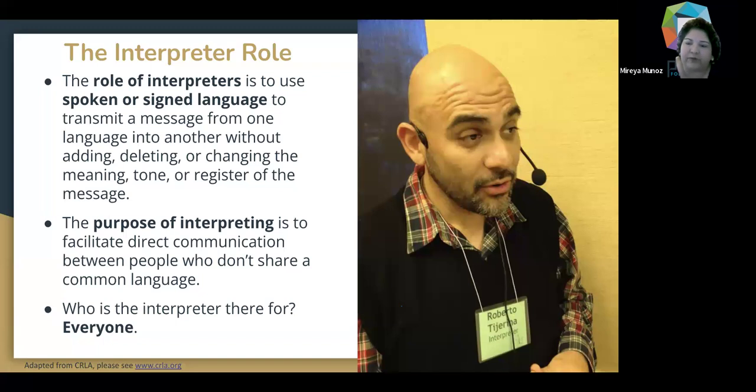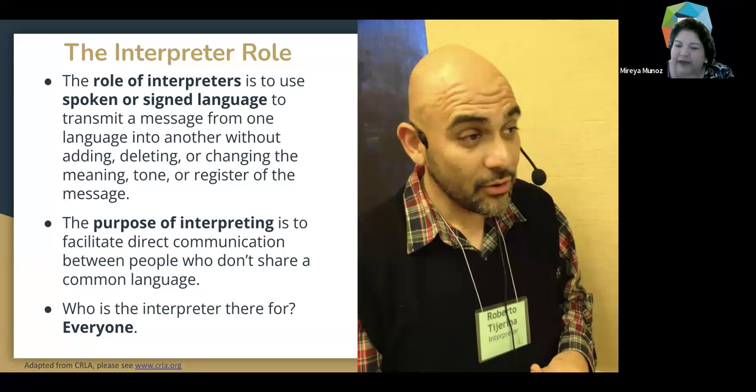So it's important that we speak at a moderate pace so that they can maintain accuracy. The purpose of that individual is to facilitate direct communication between two individuals who don't speak the same language.